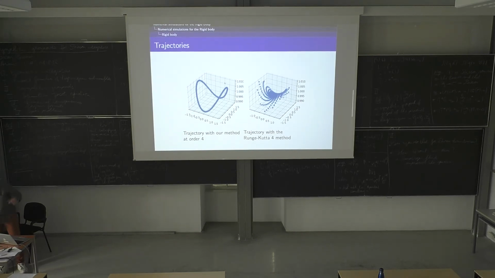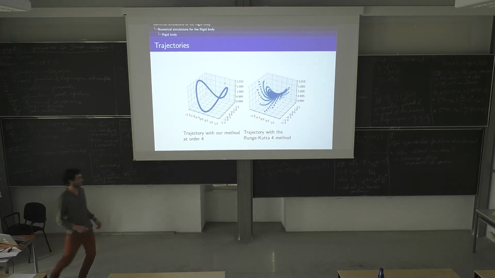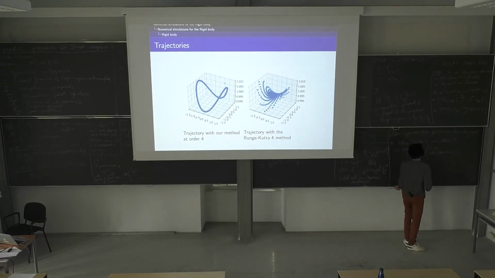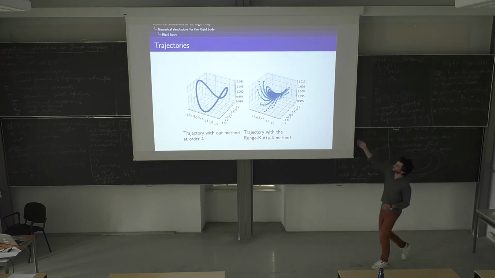And so yeah, that's typically what happens with traditional methods when you have a periodic orbit. You start at a point and it will make some error that doesn't compensate, and in the long run it's a nonsense simulation.